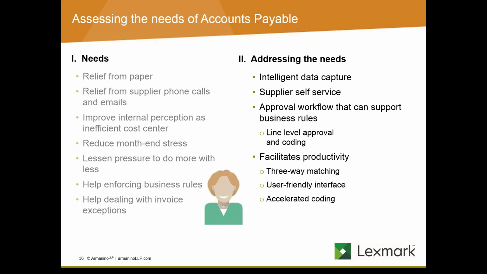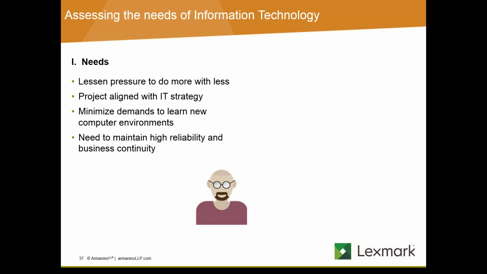I mentioned exceptions earlier as a key concern. The ability to address three-way matching and the ability to address line item coding and other things. These are areas of invoice processing that you have to be able to master if indeed you're also going to address the needs that are being experienced here.